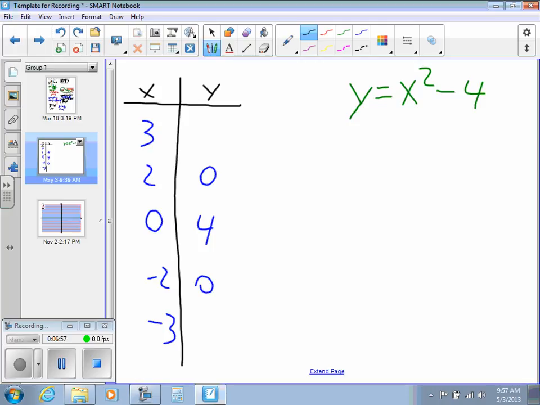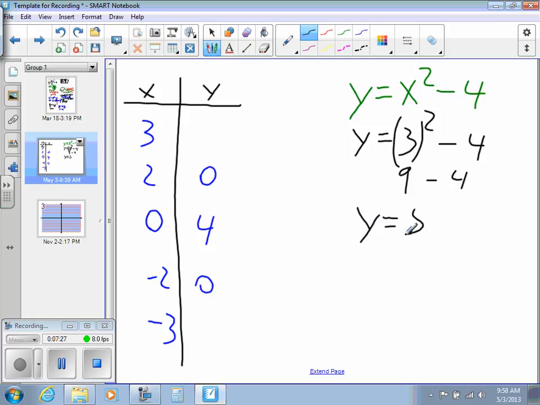For x, we will plug in 3. So we've got y equals 3 squared minus 4. Now we're going to see what we get. When we square 3, we get 9. So that equals 9. And 9 minus 4, y equals 5. So over here we can plug in a 5.